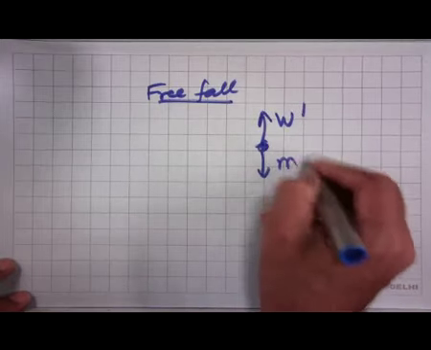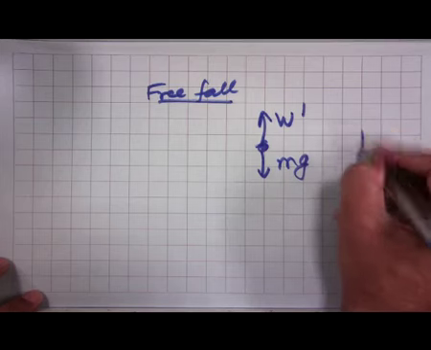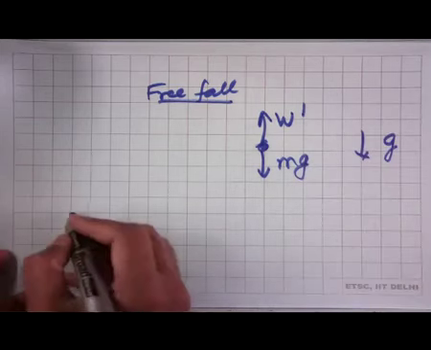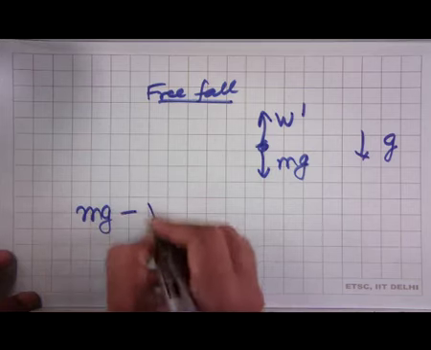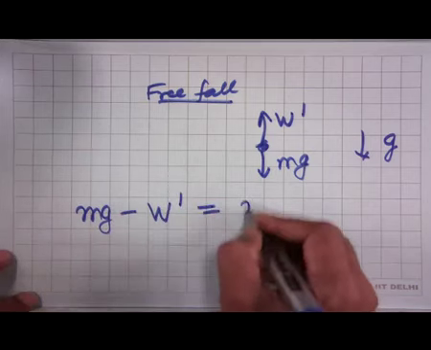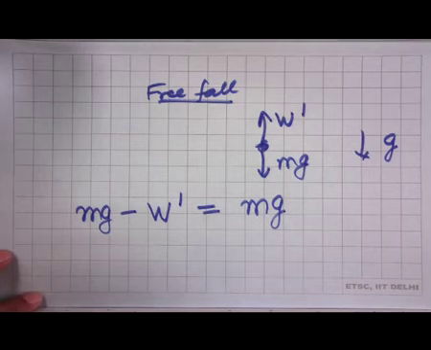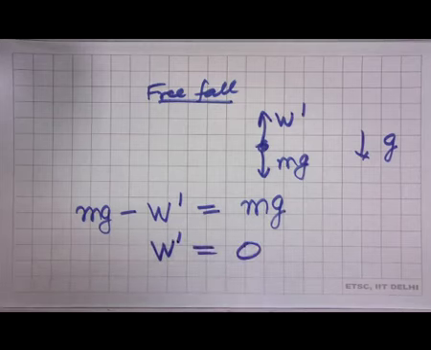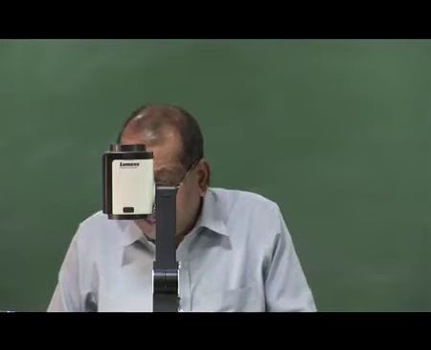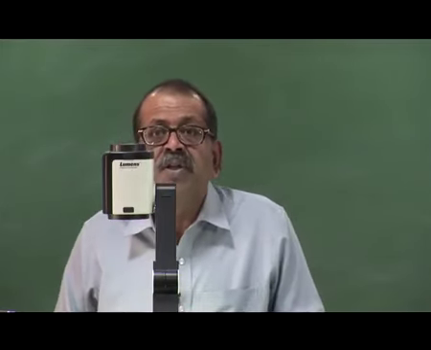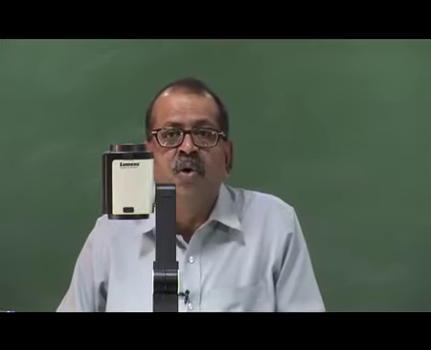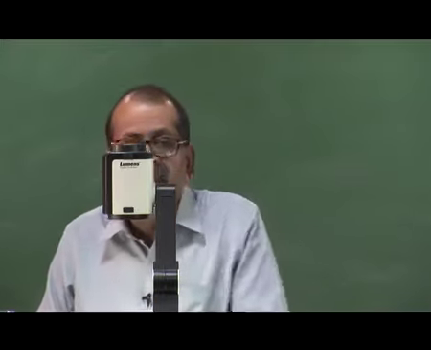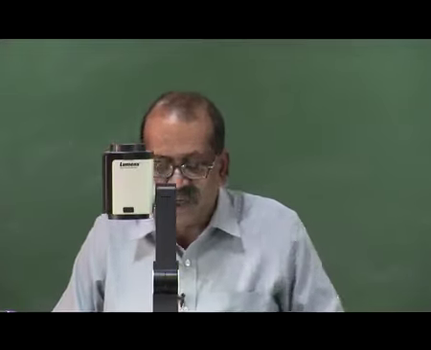This is W prime, this is mg, and the downward acceleration is g. So, then mg minus W prime will be equal to m times g, and therefore W prime is equal to 0. So, the weighing scale will give a reading as if the person is weightless. There is no weight for the person if he is falling down freely on a weighing scale.